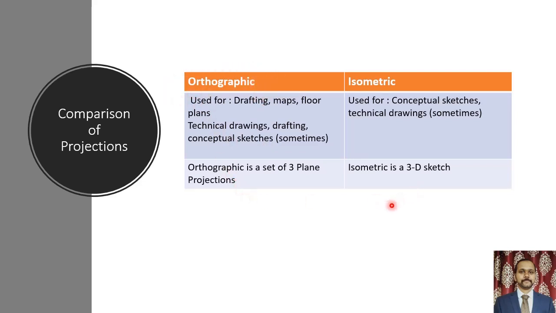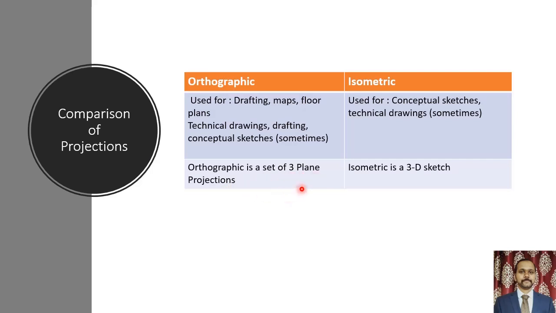Okay, so what is isometric? It is used for conceptualization, and sometimes it is used in technical drawings to see the object in clear vision. Using these three-dimensional isometric views, we are going to imagine the object in 3D. Okay, so orthographic view is a set of three planes of projection.